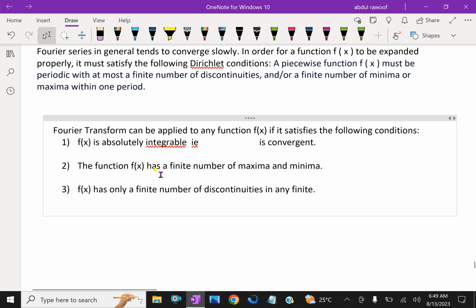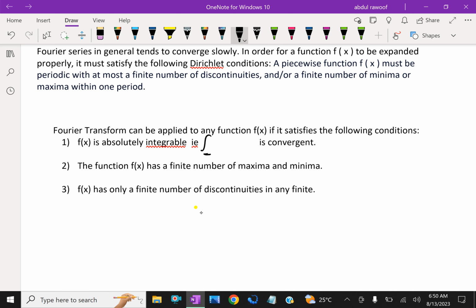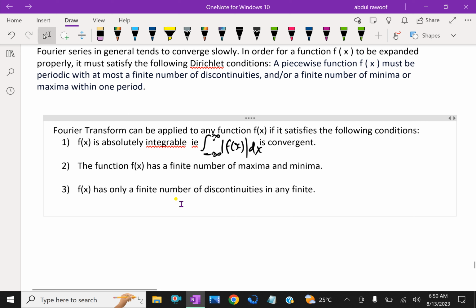Now, the Fourier transform can be applied to any function f of x if it satisfies the following conditions. First, f of x is absolutely integrable, that is the integral from minus infinity to plus infinity of the modulus of f of x dx is convergent.